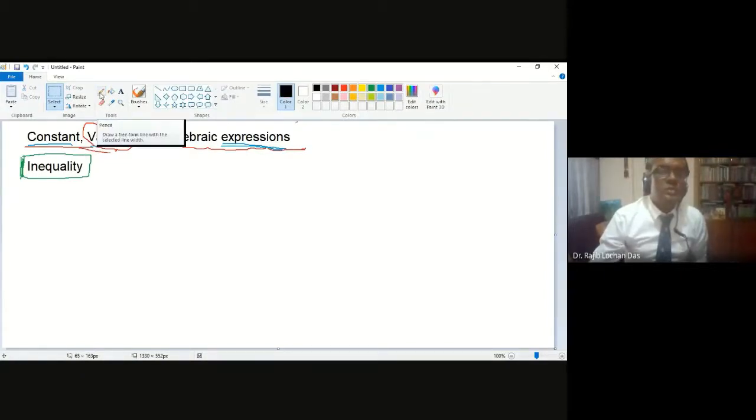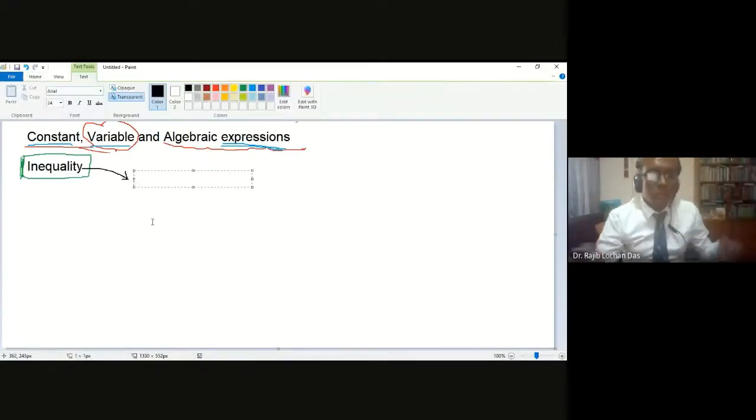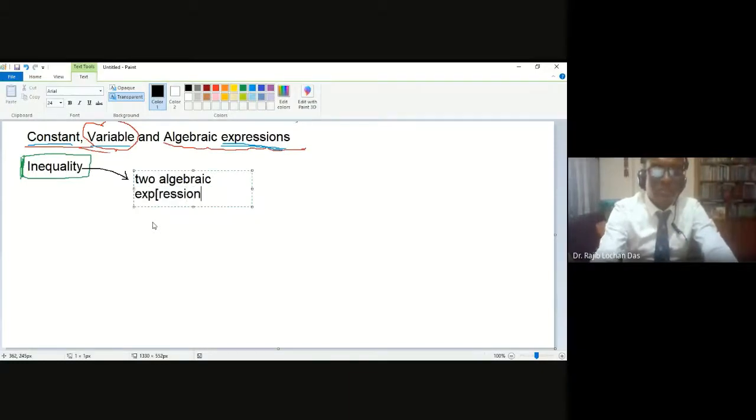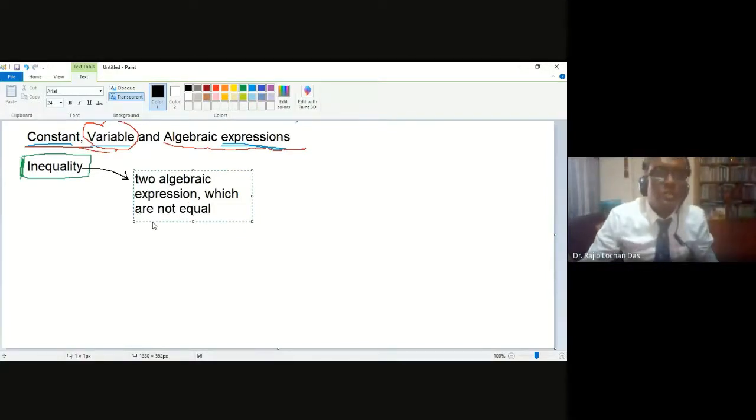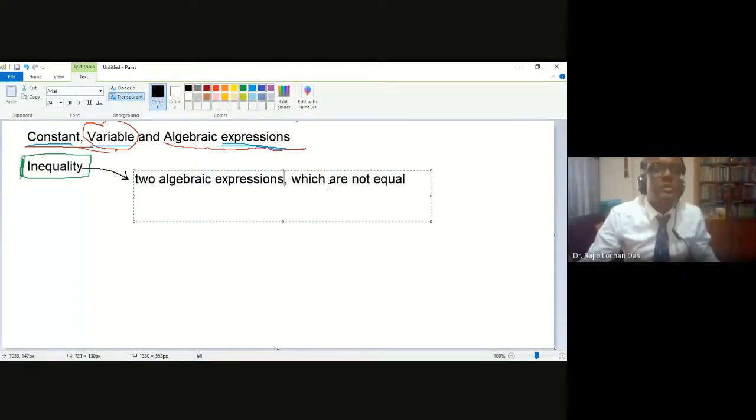So two expressions means in inequality, we have two algebraic expressions which are not equal. Two algebraic expressions which are not equal. So that is called inequality.